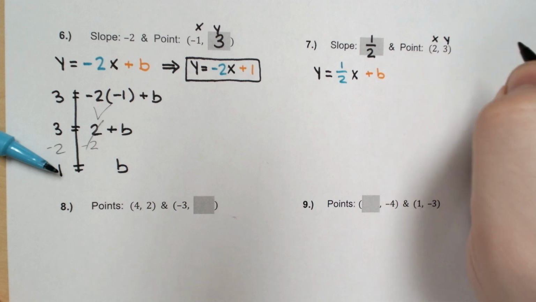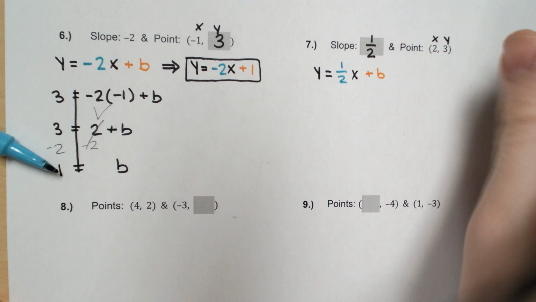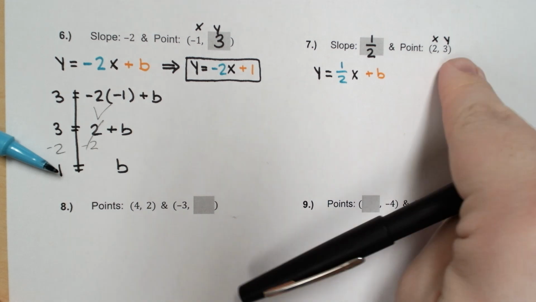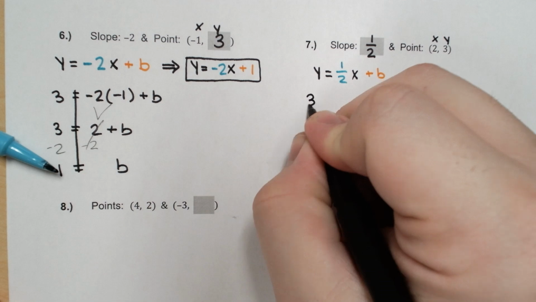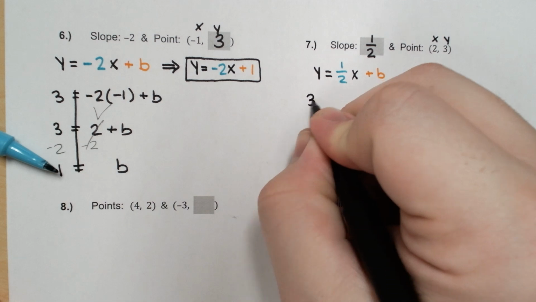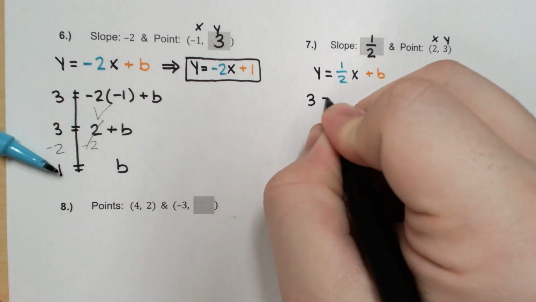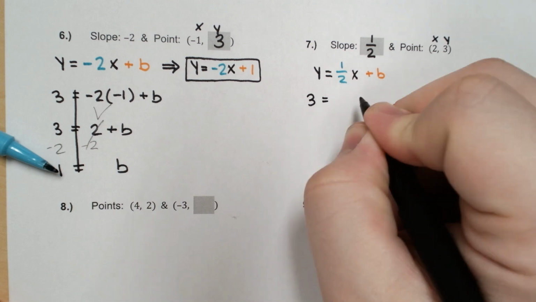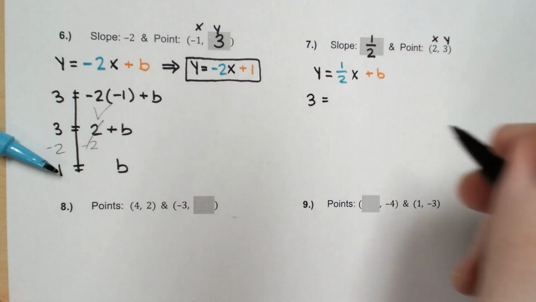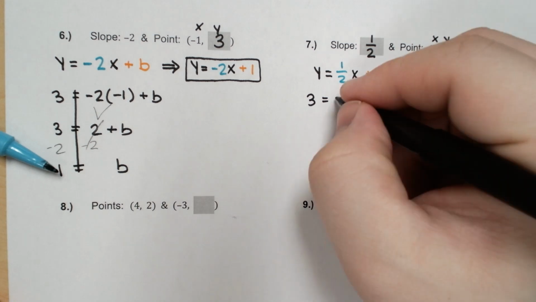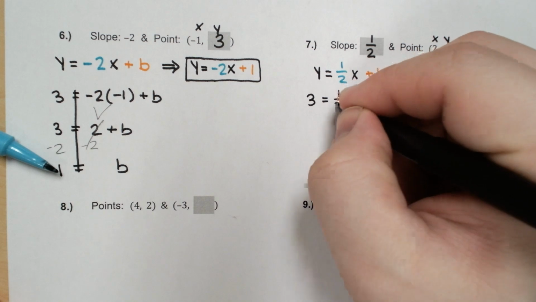All right, so number 7. I've already got the slope as 1/2. So I can go ahead and write y equals 1/2 x plus something. And then I can plug in the 2, 3 as my xy ordered pair. So since 3 is the y coordinate, plug that in for y.